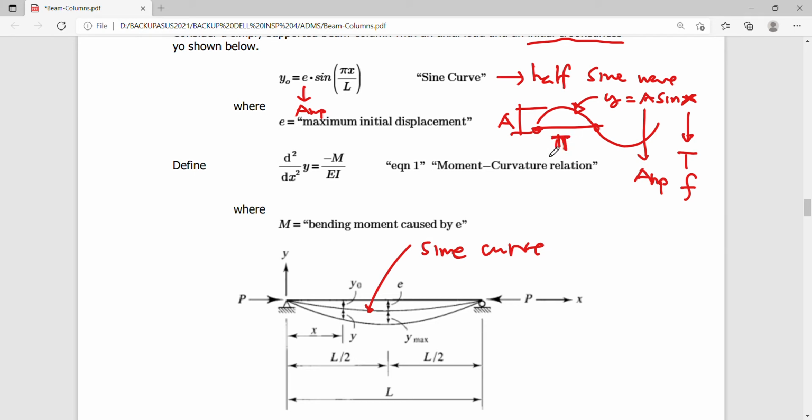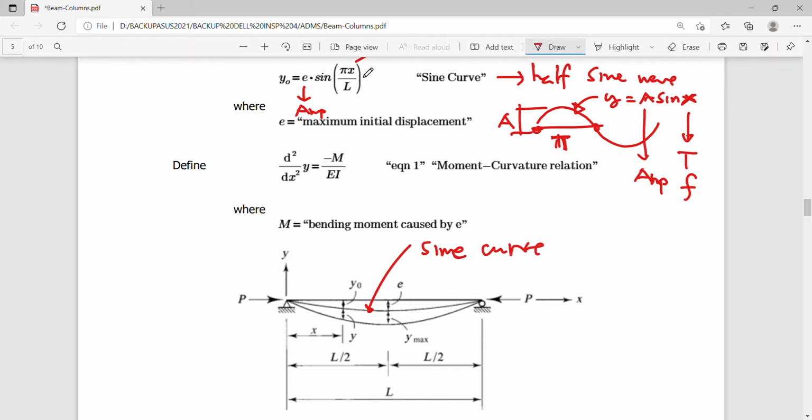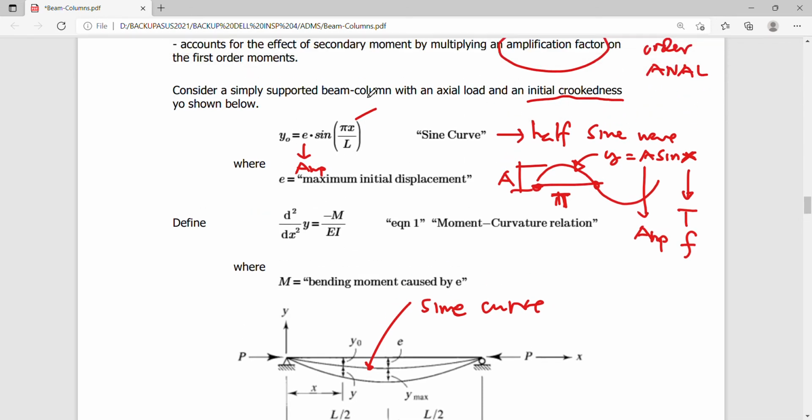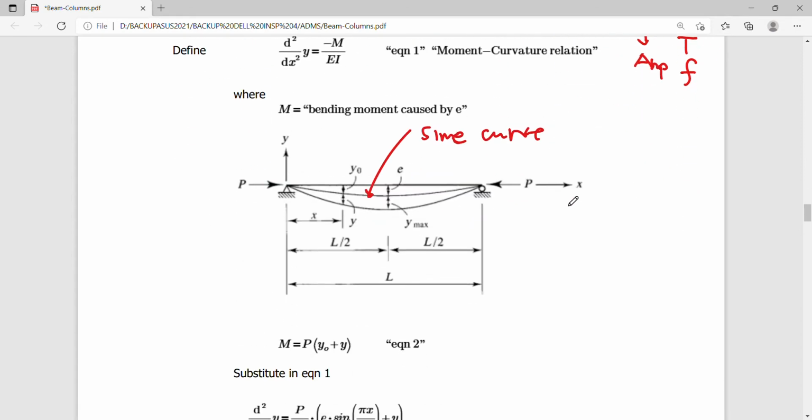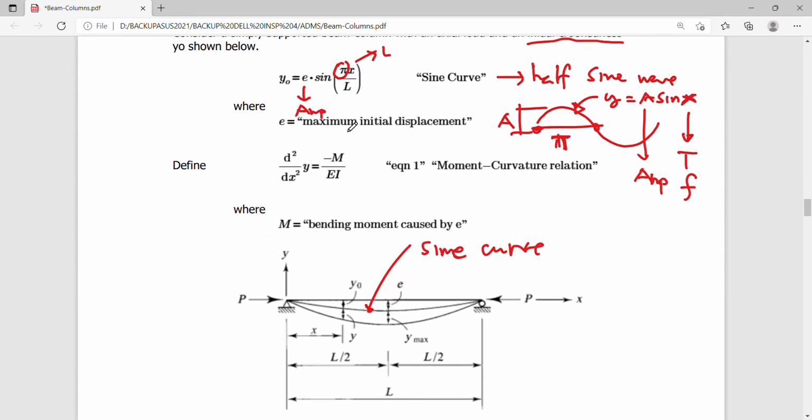So if I make use of a substitution on the value of x in terms of the total length L of the beam, if I substitute L here, this will become pi L over L. What will remain here is only your pi angle. So that's why this is now your representation of Y0, where e is the maximum initial displacement.